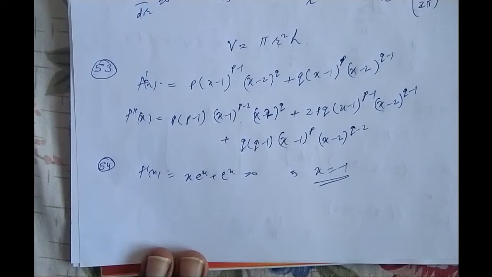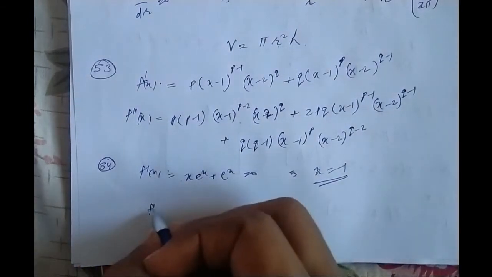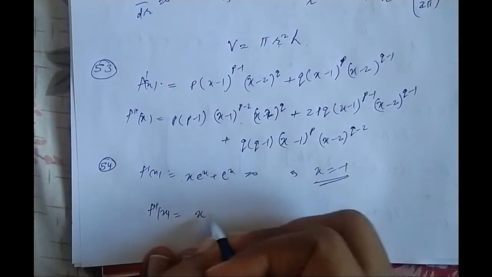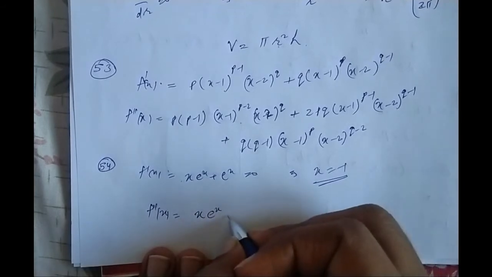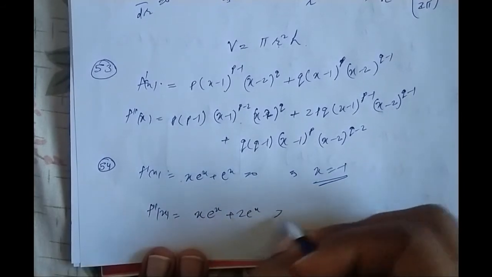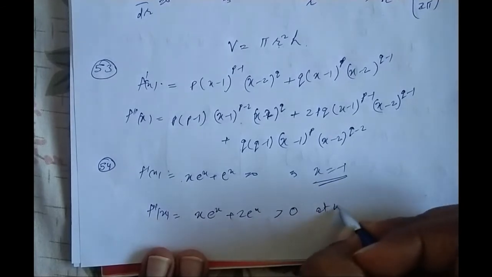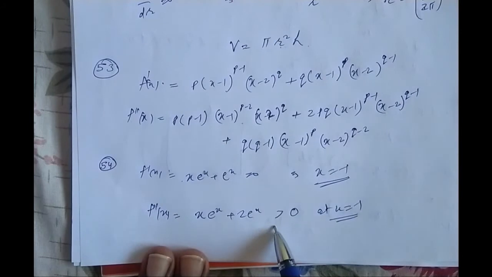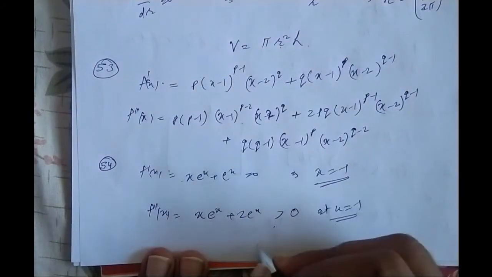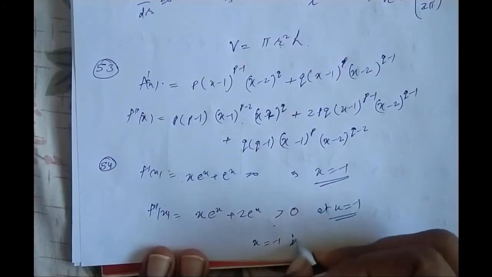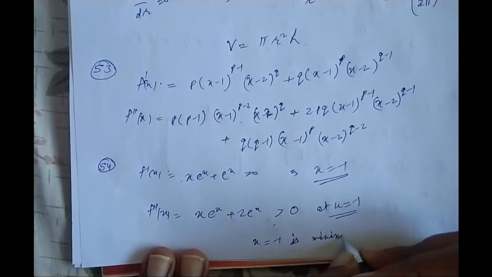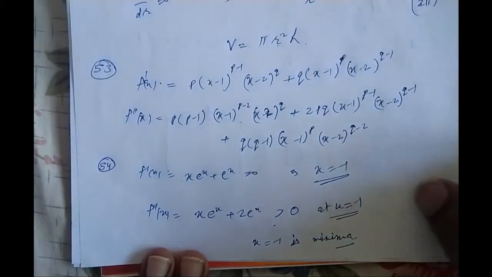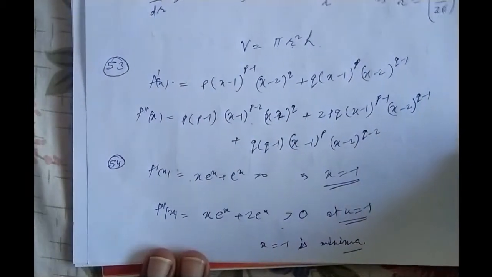So if x is -1, let's calculate f double dash at that point: x e power x plus 2 e power x, which is greater than 0 at x is equal to -1. And if f double dash is positive, then the point is a minima. x is equal to -1 is minima. Moving on to the next question, question number 55.